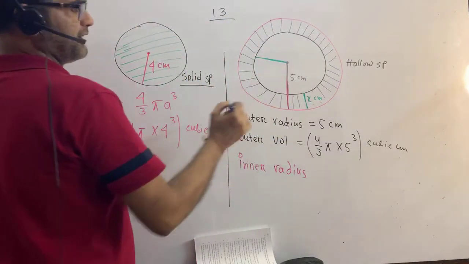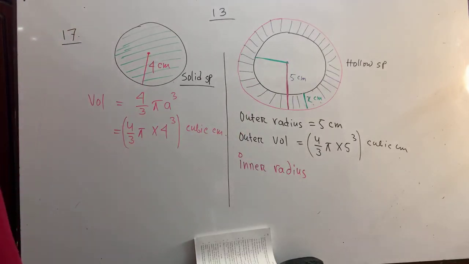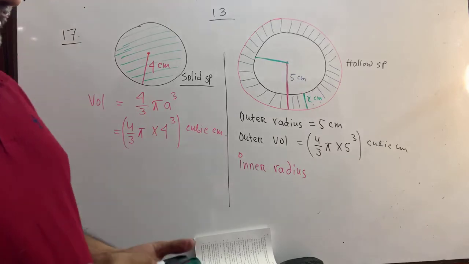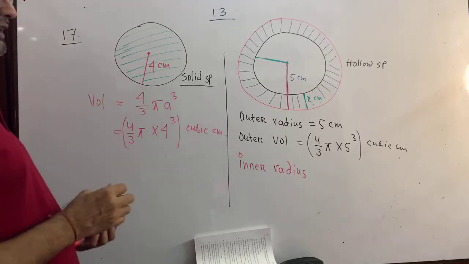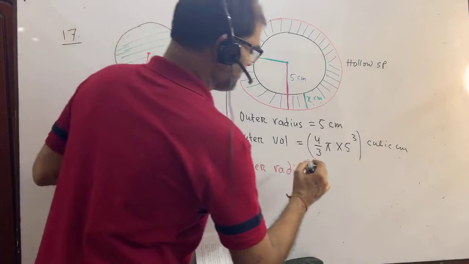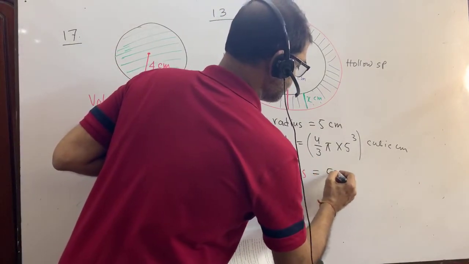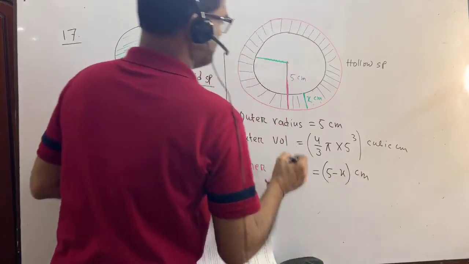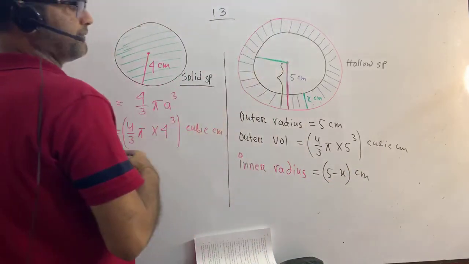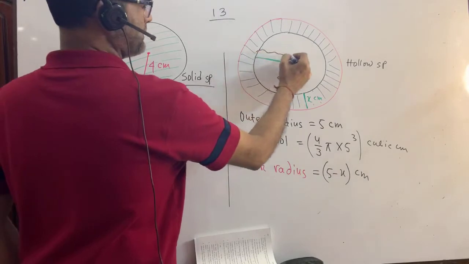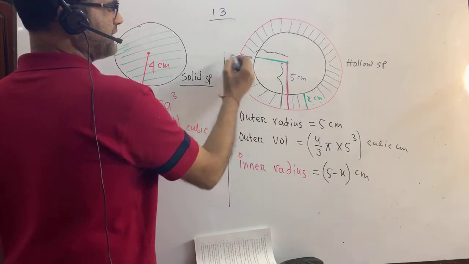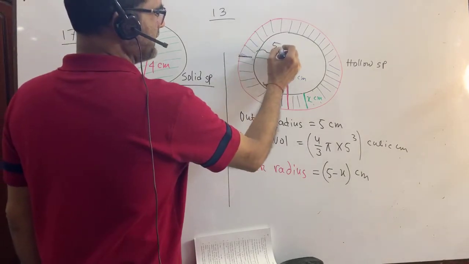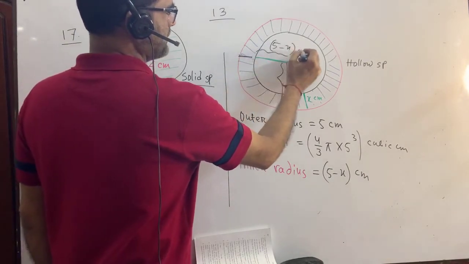This is outer radius. Outer radius is 5 centimeter and thickness is x centimeter. Then what is the inner radius? 5 minus x centimeter, right? This is wholly and fully 5, then it will be 5 minus x, as it is x. So we are getting here 5 minus x centimeter.